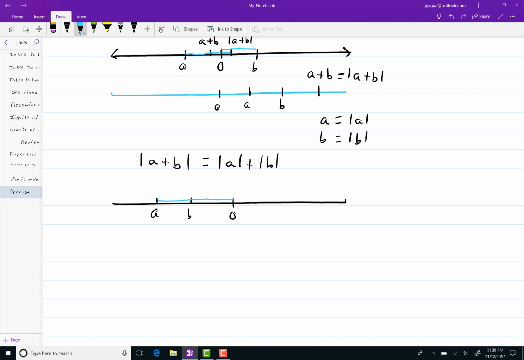So if I were to put it on the number line, I would take that much, put it over here, and let's say that's the absolute value of a. And then the absolute value of b would be this distance, so its absolute value would be over here somewhere. Then if I take a plus b, since they're both negative, a plus b will be an even bigger negative number.